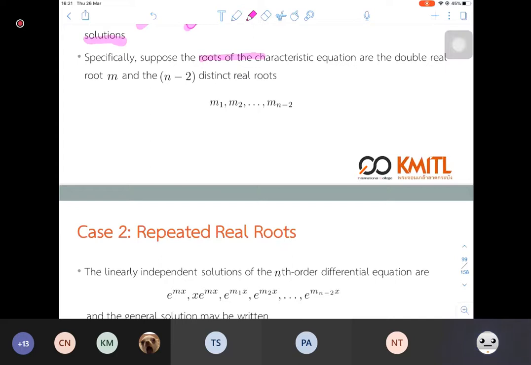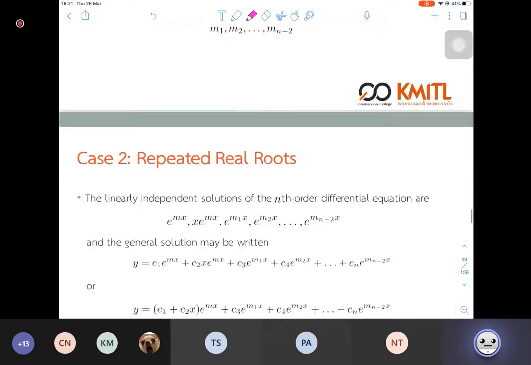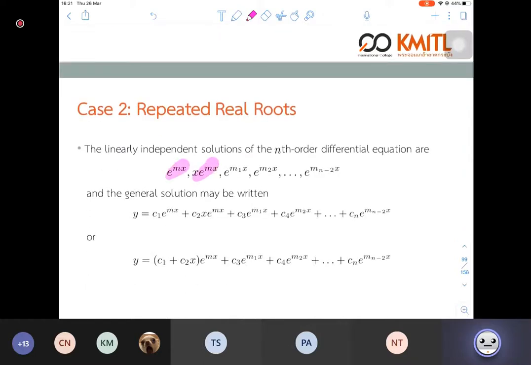Now, suppose the roots of the characteristic equation are a double real root m and n distinct real roots. So you're going to have those two that are repeated, right? Okay. Repeated.